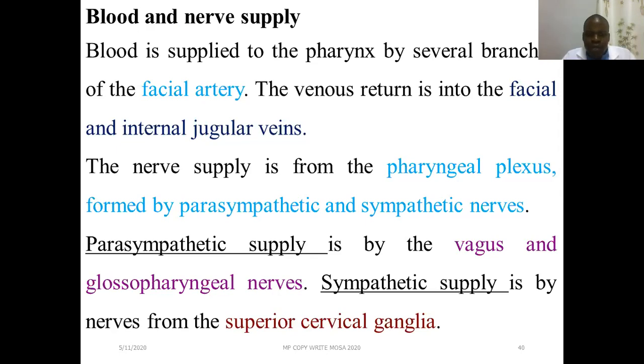So you need to pay attention here. Under nerve supply, we've mentioned two components: parasympathetic, which is by the vagus and the glossopharyngeal nerves, and sympathetic, which is by the superior cervical ganglia.